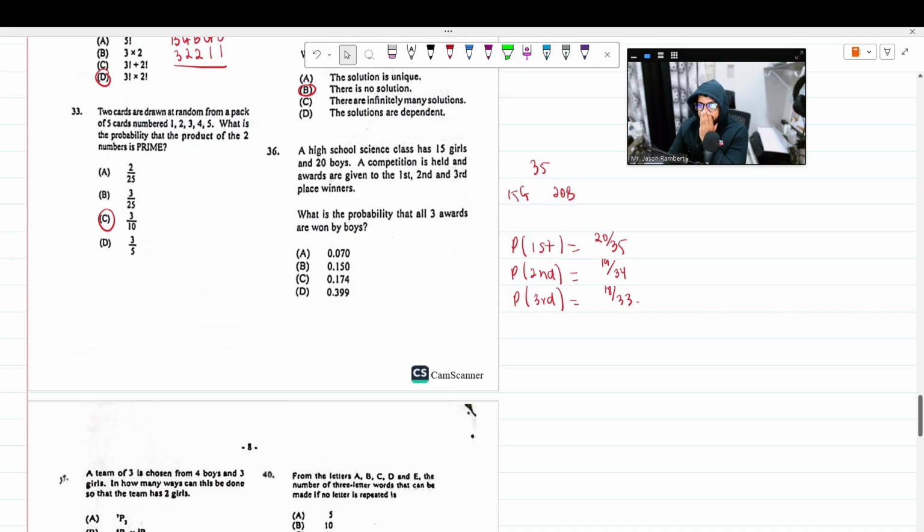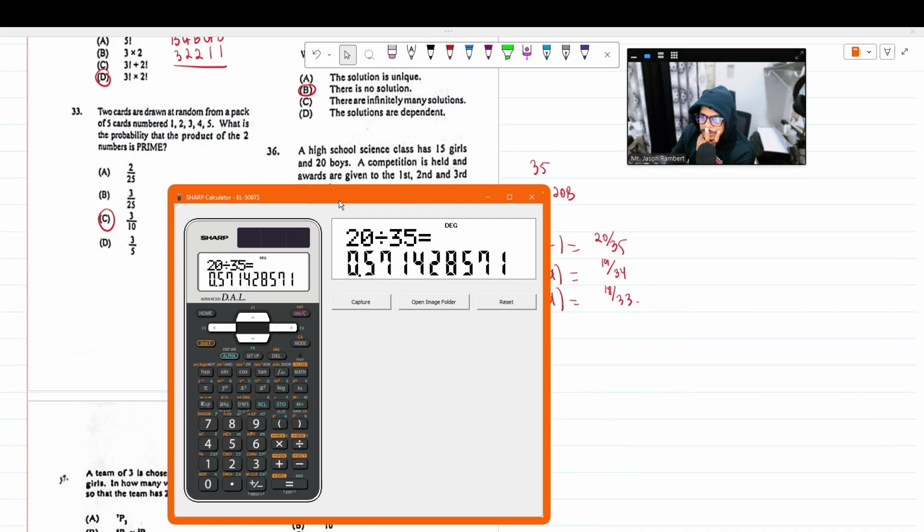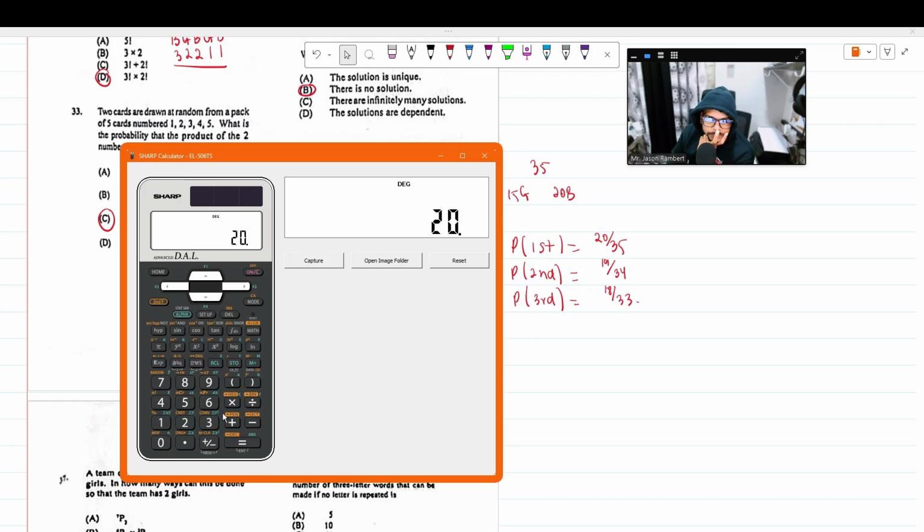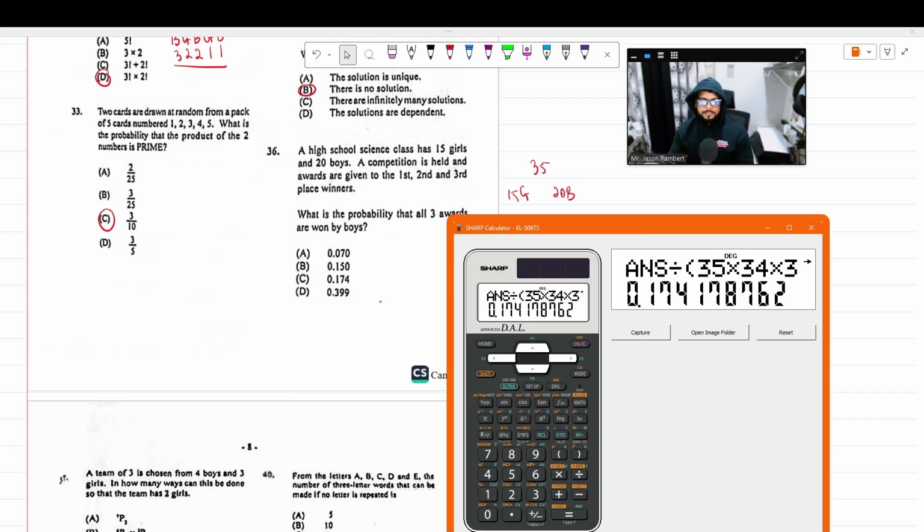Multiply all the probabilities. Let me show you guys. 20 by 19 by 18, divided by 35 by 34 by 33. 0.174. The answer is C.